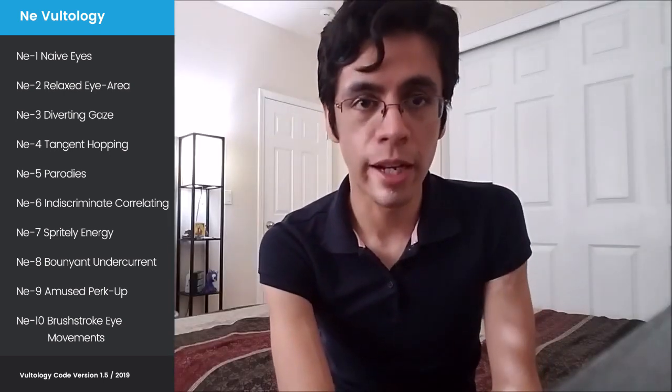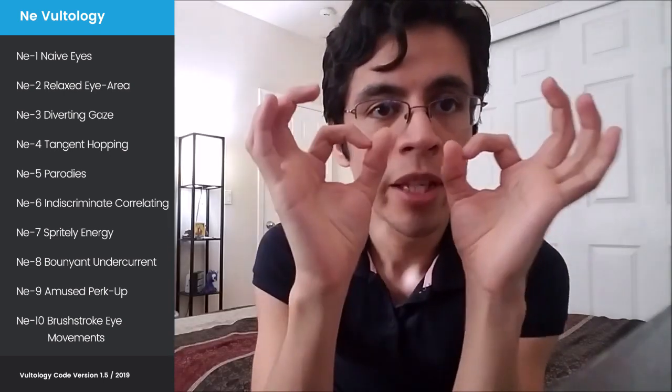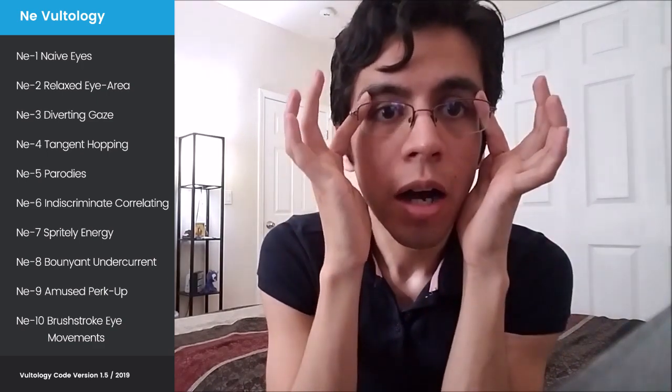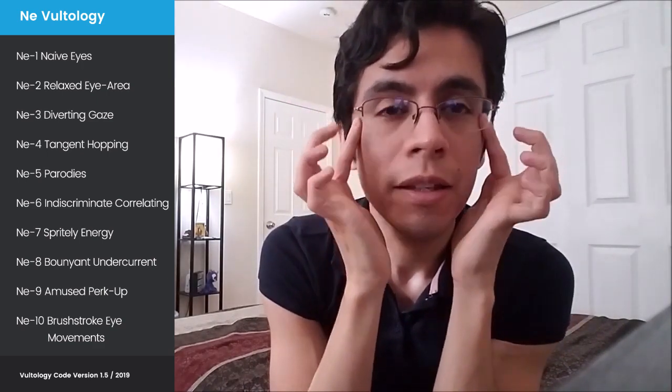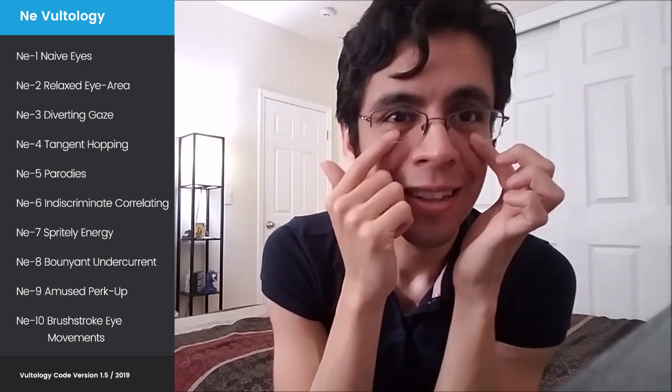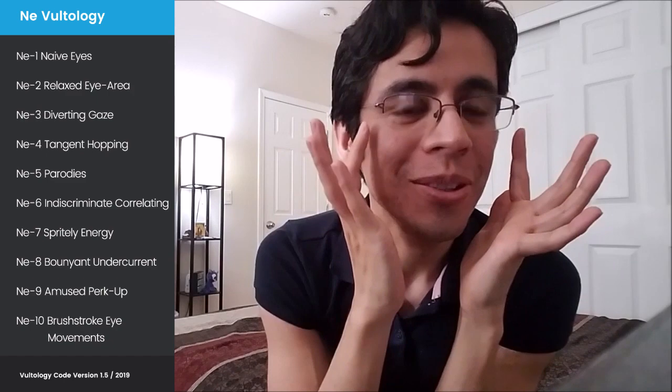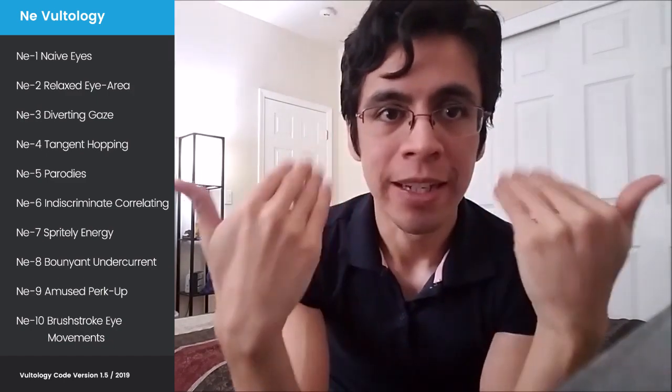NE2 is relaxed eye area. Now, although the immediate skin around the eye is kind of pulled around the eye so that the eyes appear bright and round, around the eye, all this skin is very relaxed. So if they smile or anything, you'll see that the skin puts up no fight against it.